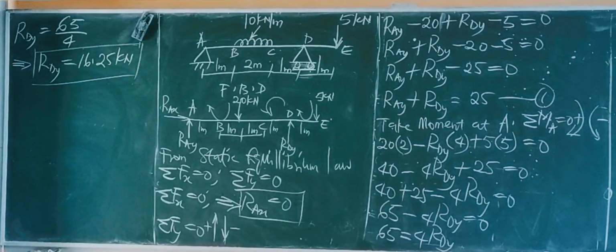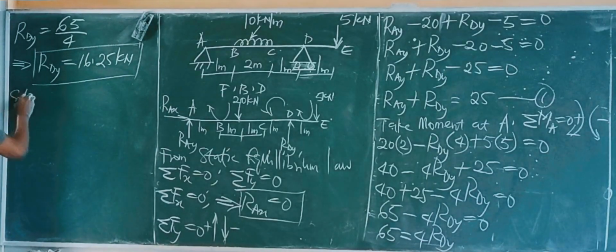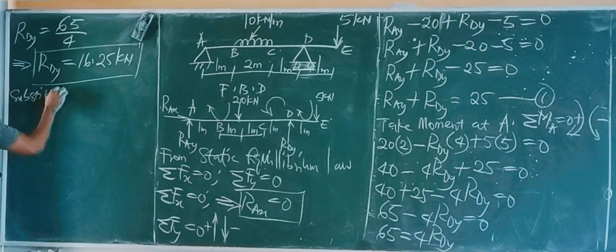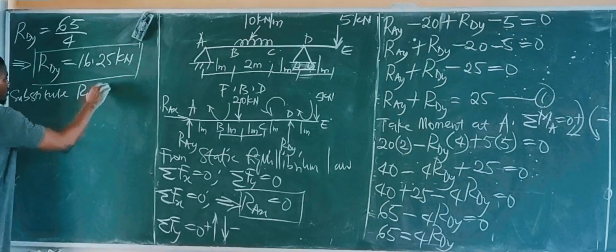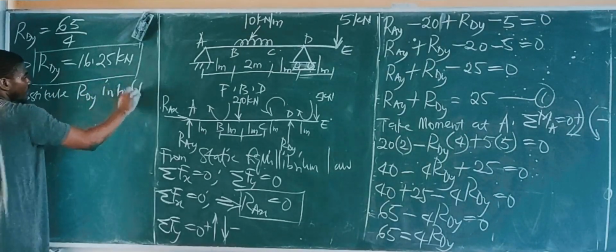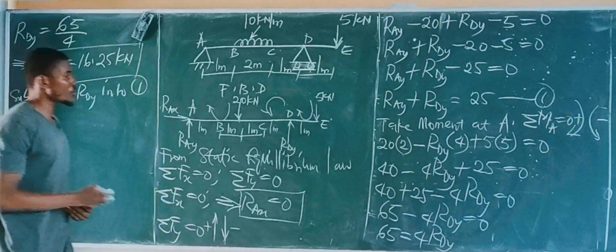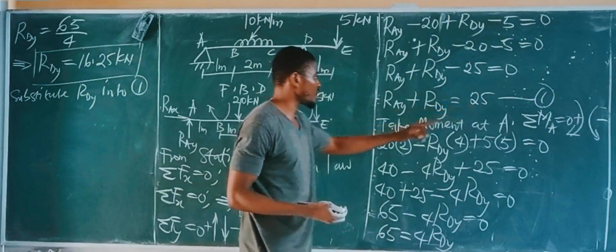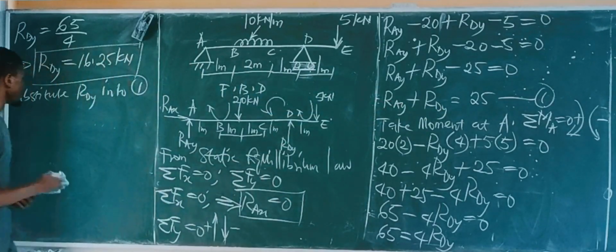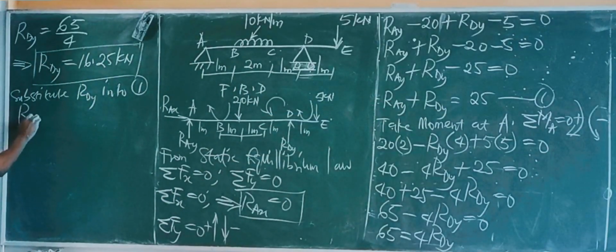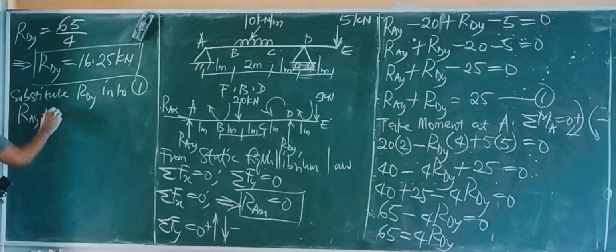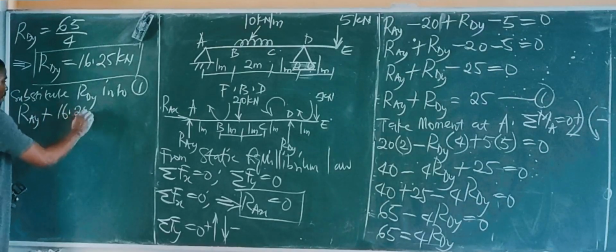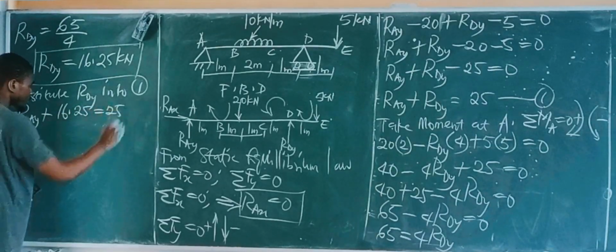So having known this, simply substitute RDY into equation 1 to obtain the value of RAY. From equation 1 we have that RAY plus RDY equals 25. We know RDY, so we have RAY plus 16.25 equals 25 kilonewtons.